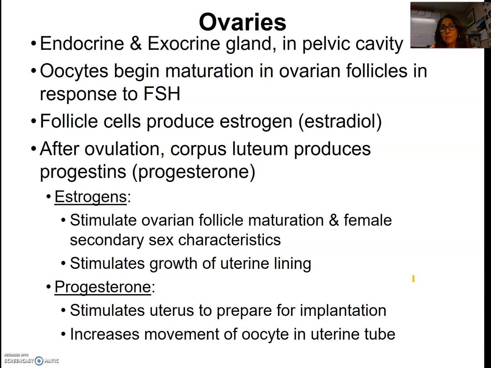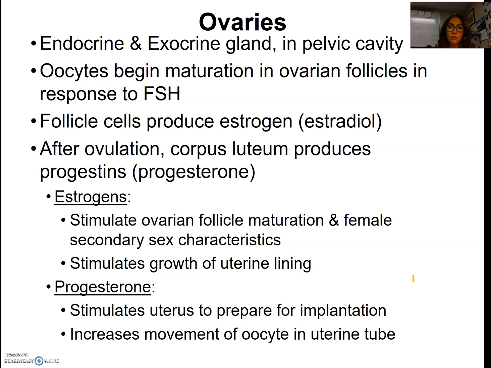So again, this is something you guys are going to cover much more in physiology, but basically, progesterone is making the uterine lining a healthy place for the fertilized egg to lodge and implant for the development of the offspring.